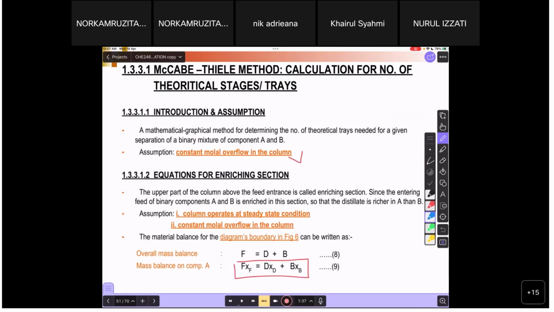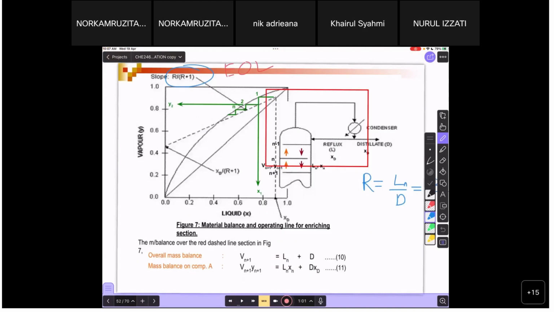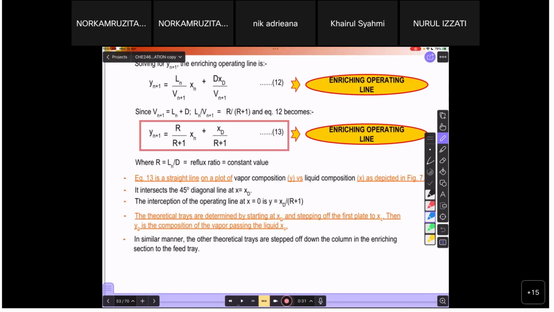Same thing, the material balance that you have, and this is the operating line of EOL. Whatever it is, you need to solve for your R so that you can solve for the y-intercept.